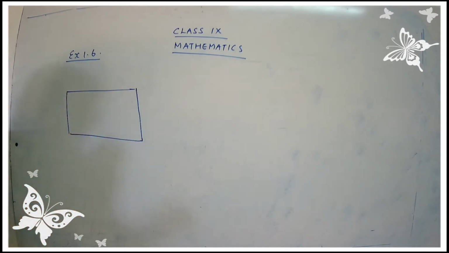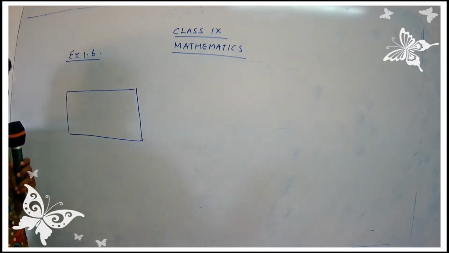And here the question is about the children who take part in different extracurricular activities. Some are taking part in music, some are taking part in drama, and some children take part in both drama and music. So we are going to represent this information in the form of a Venn diagram.